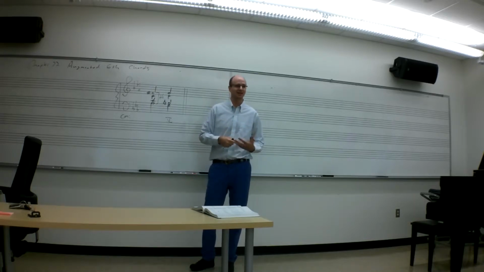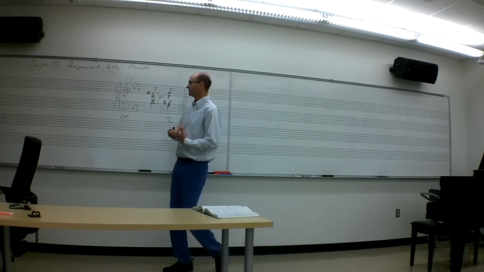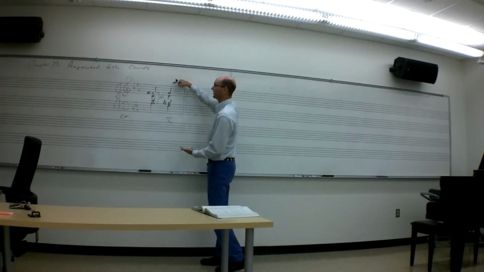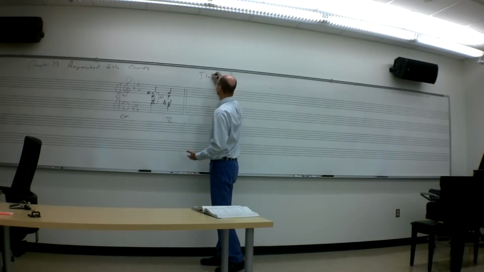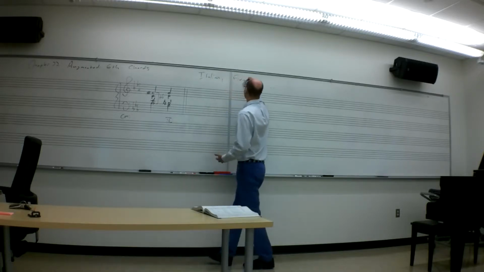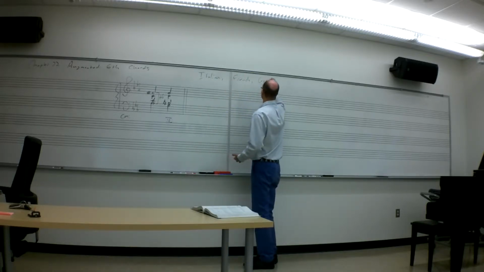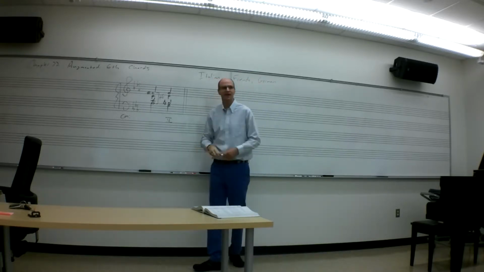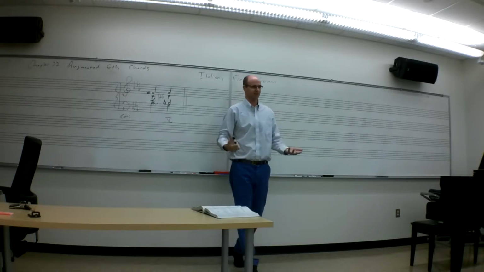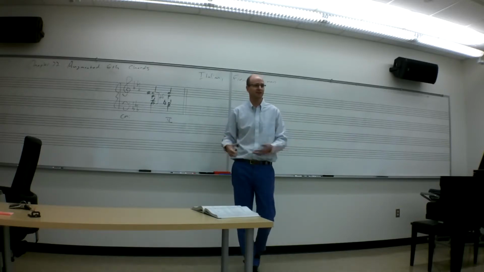And that brings me to, first of all, I just want to give you some general information. We're going to be going over 3 types of augmented 6 chords. All right, the Italian, French, and German. All 3 of them are going to have several things in common. They all want to do the same thing. They all want to go to 5.